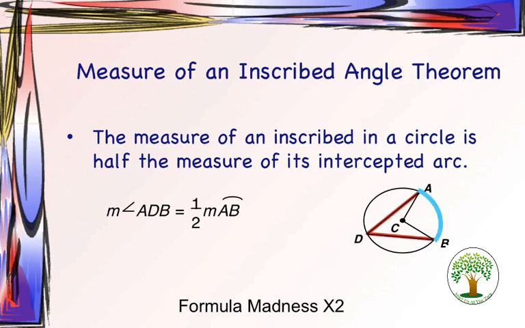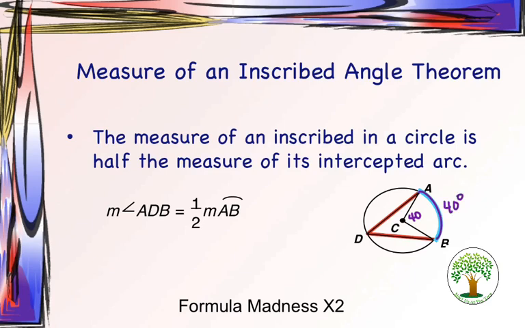All right, now we're going to talk about the measure of an inscribed angle, and this is called the measure of the inscribed angle theorem. The measure of an inscribed angle in a circle is half the measure of the intercepted arc. So we learned last section that if this was a 40-degree angle here, then this was a 40-degree arc.